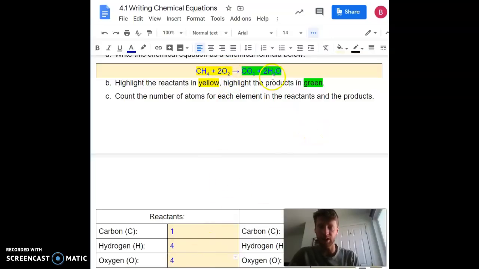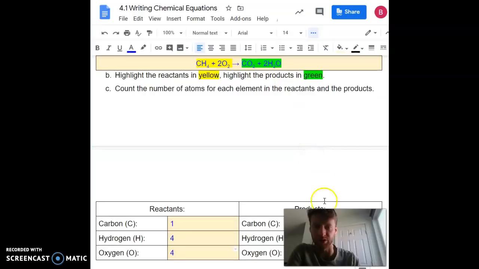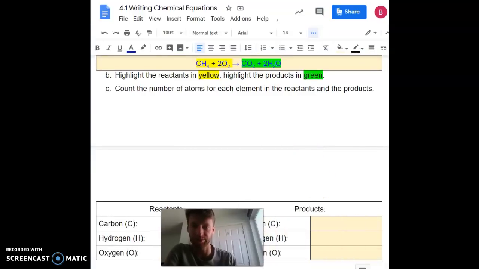Now, in our products, we have 1 carbon in this CO2, I don't see any other carbons, so it must just be one carbon. Hydrogens, well, I have 2 H2O, so 2 times H2, well, that's 4. Now, this last one for oxygen is tricky. This is the most common place that students make a mistake when doing this.